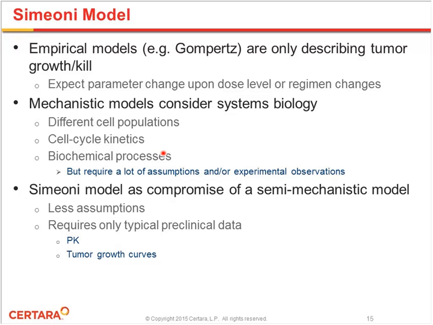But in order to model this, this requires a lot of assumptions, and these assumptions need to be modeled with parameters, and either you have already found them, or you need some experimental observations to get good estimates for those parameters. And this is typically very costly in terms of time and effort. So there's a Simeoni model, which is a compromise. It's a semi-mechanistic model.